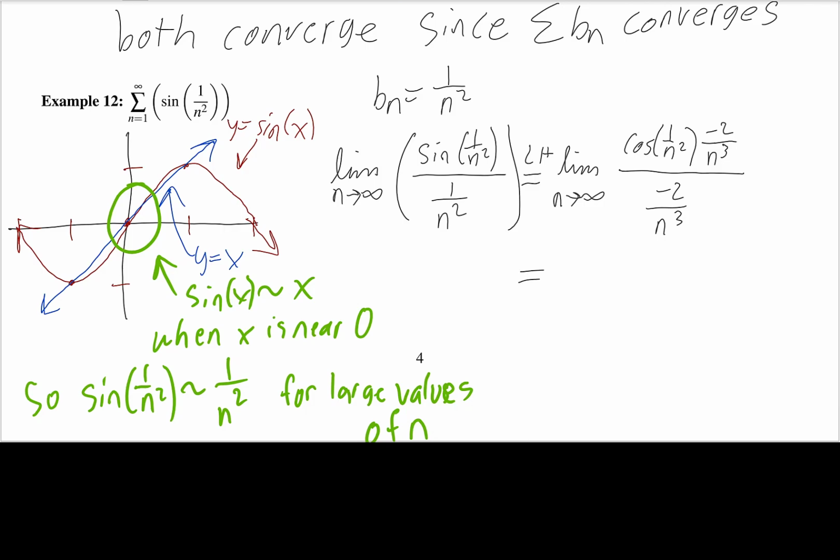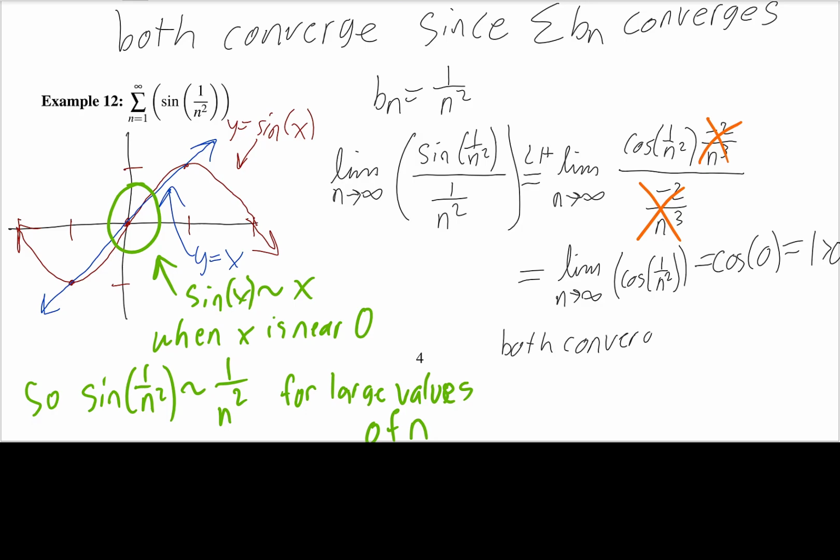And so we should get a cancellation here. And this should be the limit as n goes to infinity of cosine of 1 over n squared, which will be equal to cosine of 0, which gives us 1, which is greater than 0. And so then we can say both converge since the sum of b sub n converges. That was our 1 over n squared.